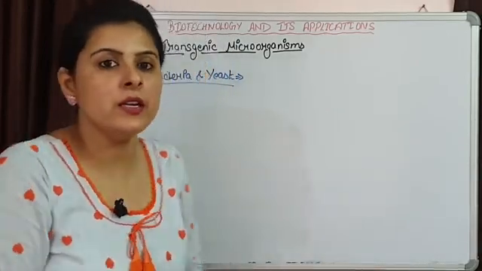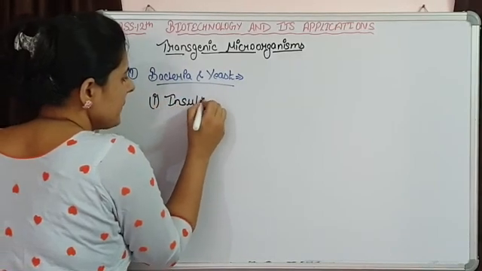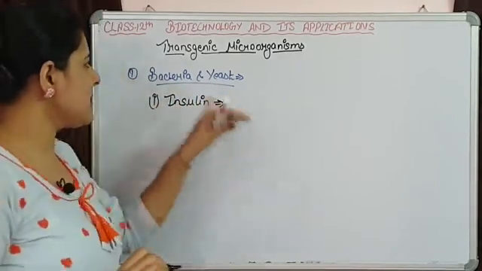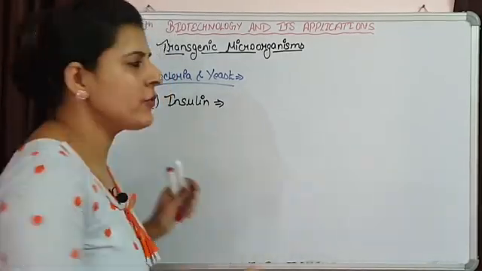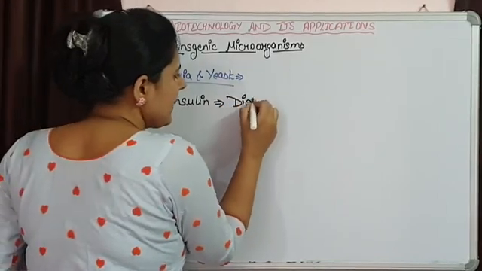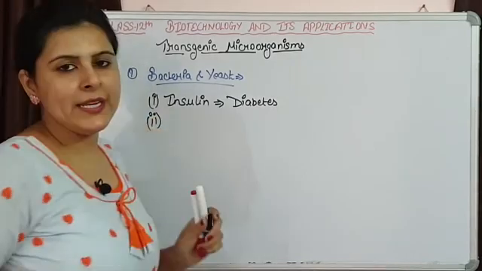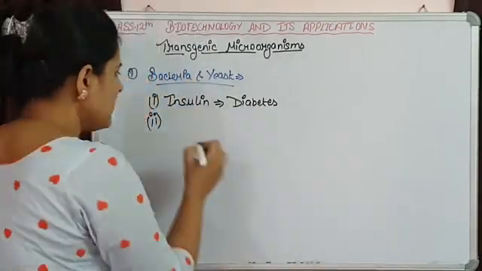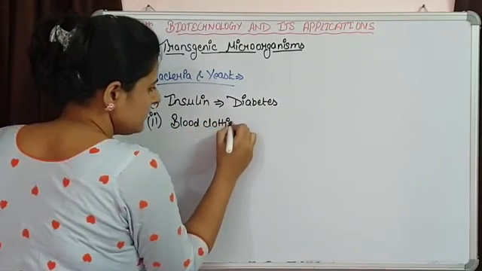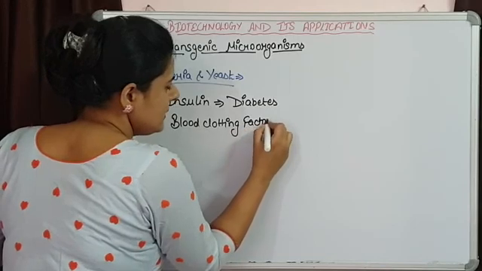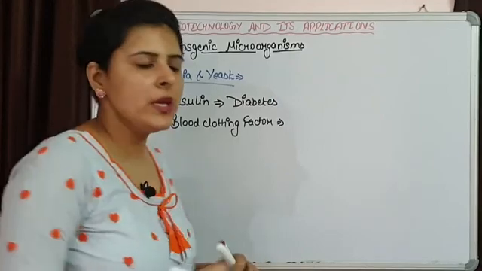Like, we are using them for the production of hormones like human insulin. And the insulin that is extracted from these bacterial and yeast cells is used for the treatment of patients suffering from diabetes. Just like that, we are obtaining blood clotting factor from these genetically modified organisms, and these blood clotting factors are given to persons who are suffering from hemophilia.